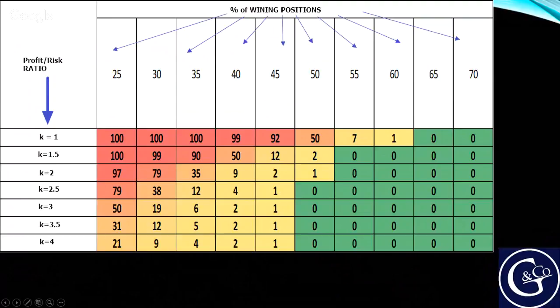You see, if a trader has small figures of winning trades, his only chance to be profitable is raising the profit risk ratio. So here you see profit risk ratio, and here percent of winning positions. If you have too little percent of winning positions, you need to raise your profit risk ratio.